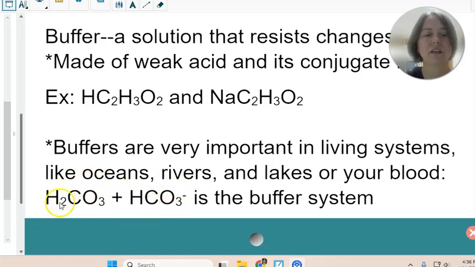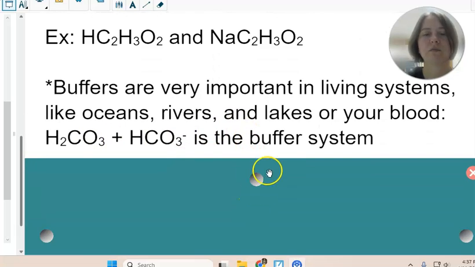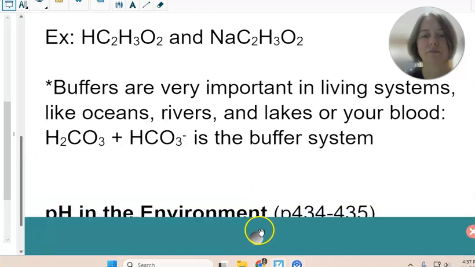And this carbonic acid and bicarbonate ion is often the buffering system in oceans, rivers, and lakes, particularly in rivers around an area with limestone, kind of like in this area, because we know limestone is calcium carbonate, and then that carbonate will mix with water and make bicarbonate ions and this. So yeah, that's a really important system for buffering the changes in pH, which is really important for living systems.